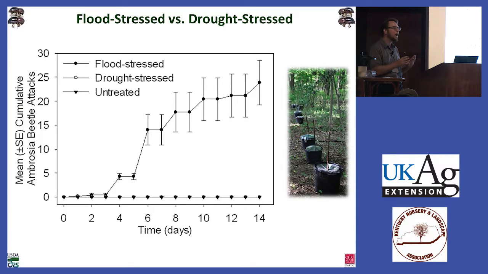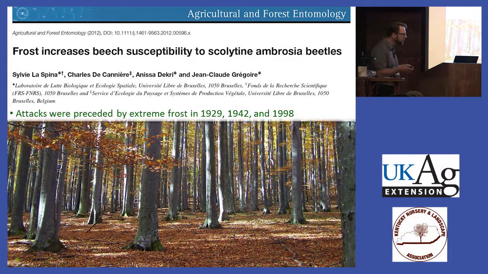That's probably because for growing the symbiotic fungus, a drought stress tree is probably not a very good location. So certainly flood stress is important. Drought stress, I would think that if a tree was drought stressed and then subjected to overwatering, then there could be some issues there.